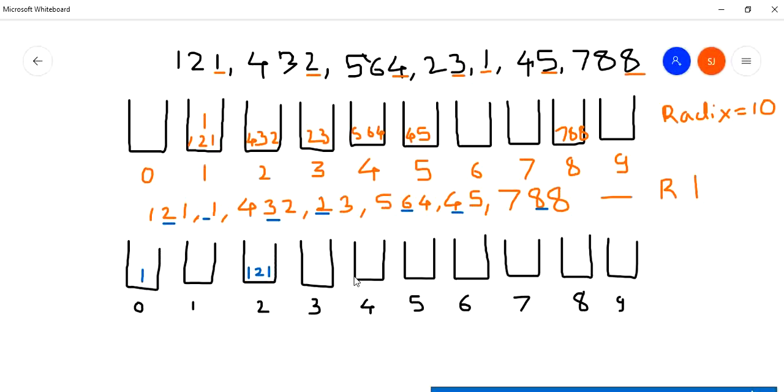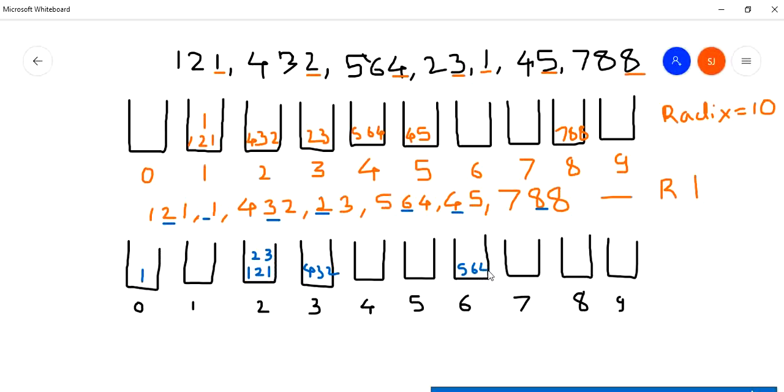Next is 432, the 10th digit is 3, so place it in the third bucket. Next is 23, the 10th digit is 2, so place it in the second bucket again. Then next is 564, the 10th digit is 6, so place it in the 6th bucket.